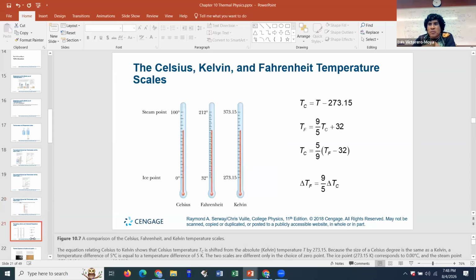And here we have the conversion between different scales. So like I said, we use Celsius, Fahrenheit, and kelvins, right? Why do we use Celsius more in real life or in science and applications? Because the freezing temperature of water is 0 degrees and the boiling temperature is 100 degrees. So you can divide a thermometer in 100 equal units.